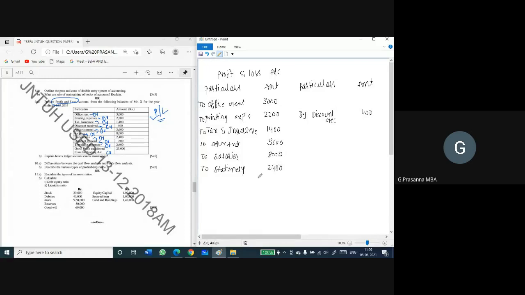2,400. Next, to discount allowed means you are giving the discount, so it is an expenditure. What is the amount of discount allowed here? 600. Next, to traveling expenses.